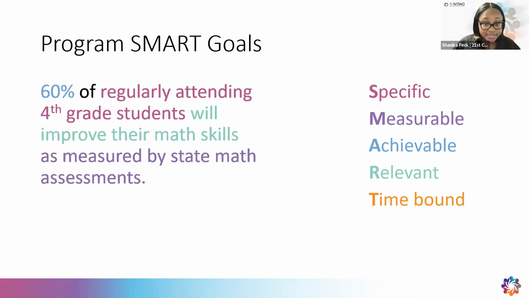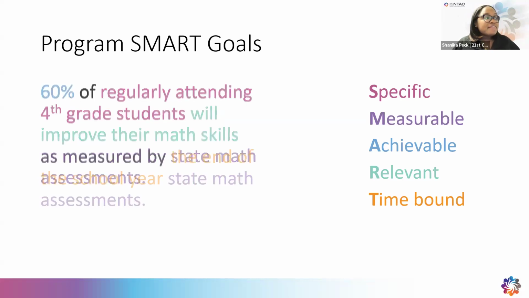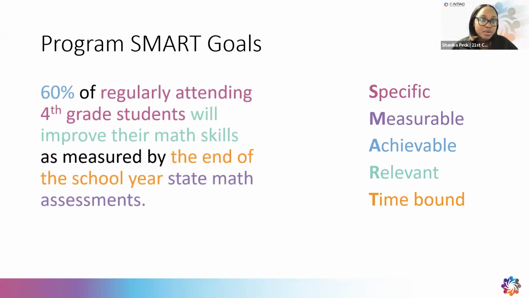That piece is missing. So we would definitely add some component of a timeline or a time frame with this, right? So by the end of this school year, we're going to add that in there. So overall, it'll say 60% of regularly attending fourth grade students will improve their math skills as measured by the end of the school year state math assessments, right?